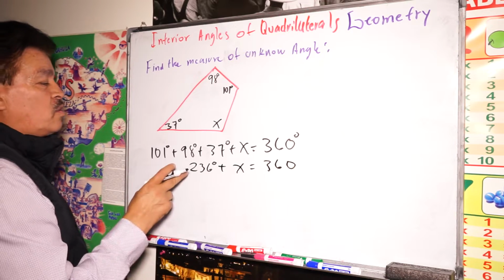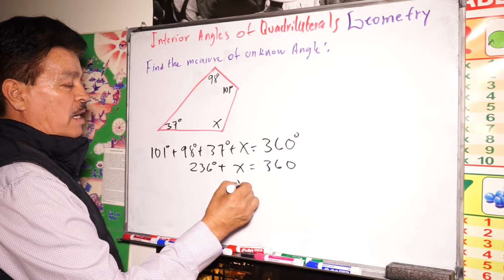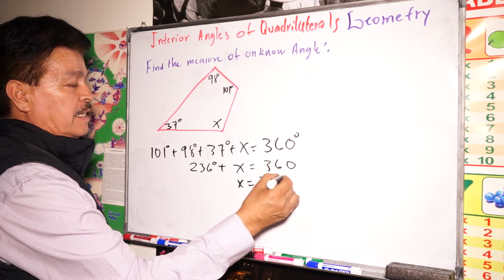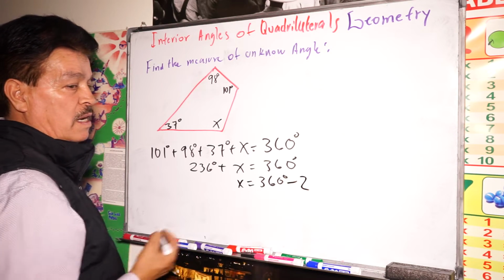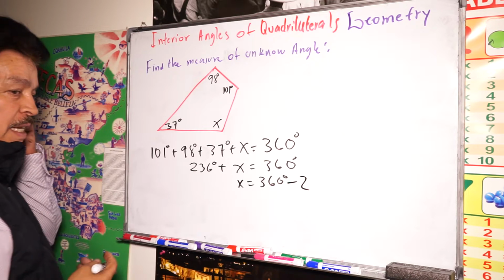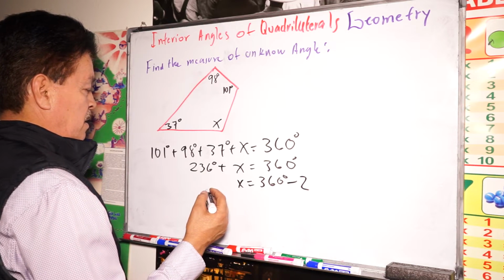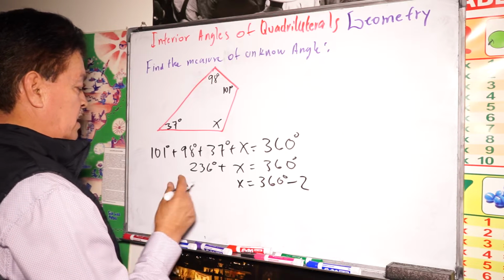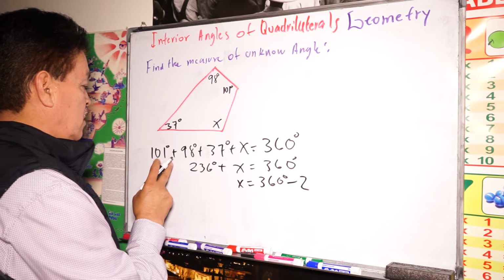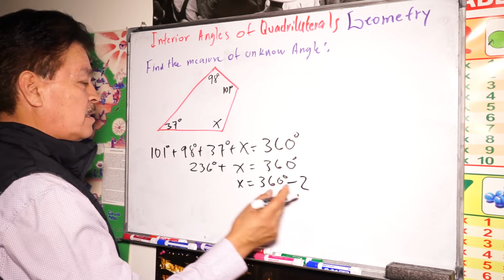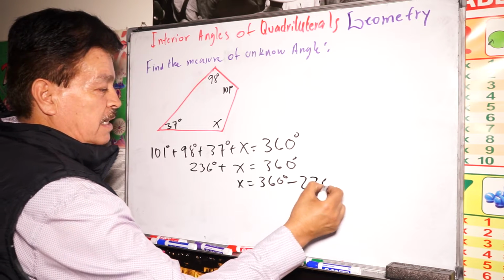Now subtract 236 degrees from both sides. Then in this step we have 360 degrees minus 236 degrees.